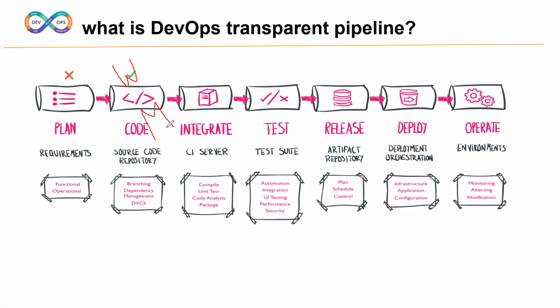So once it is maintained, how many developers are writing lines of code? N number of developers are writing lines of code continuously.